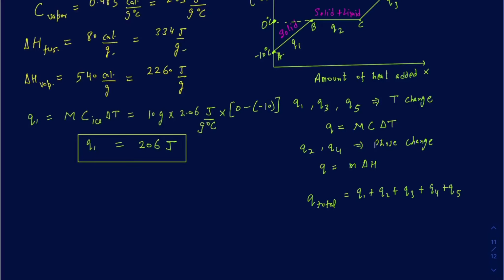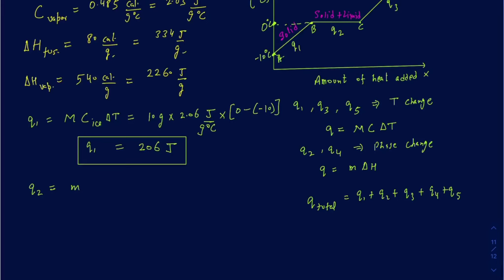Okay, so similarly, let's calculate Q2 now. Q2 is the phase change, and since I'm going from the solid to a liquid, I'm going to be using the delta H of fusion here. So the mass is still going to be 10 grams. Since we are dealing in joules, I want to stick with joules here, so the delta H of fusion is going to be 334 joules per gram.